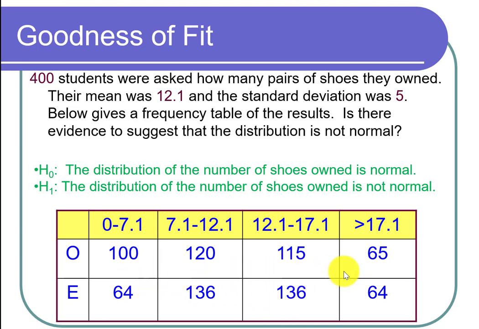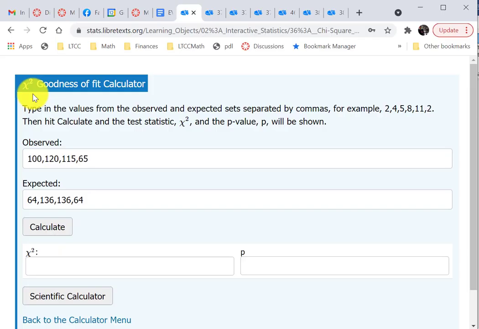Now that we have our observed and our expected, we can jump into the calculator and find our chi-squared test statistic and our p-value. So here's the goodness of fit calculator again. To save you some time, I typed in the observed and the expected, separated by commas, and I just hit calculate.